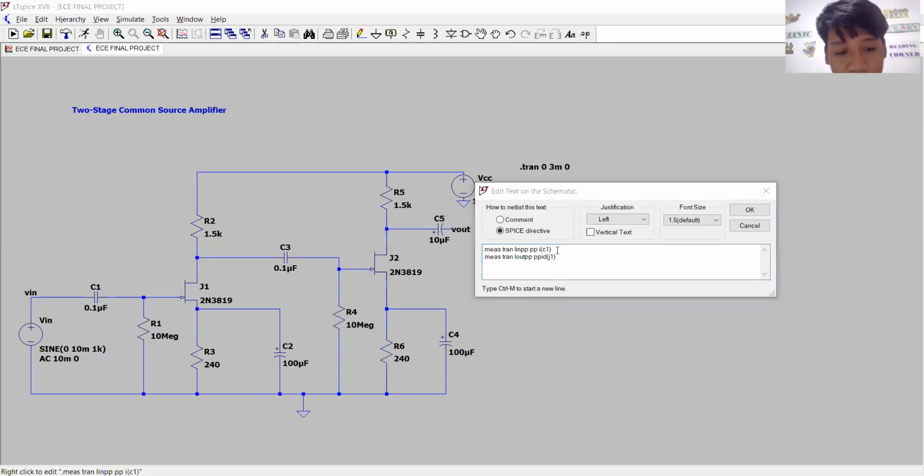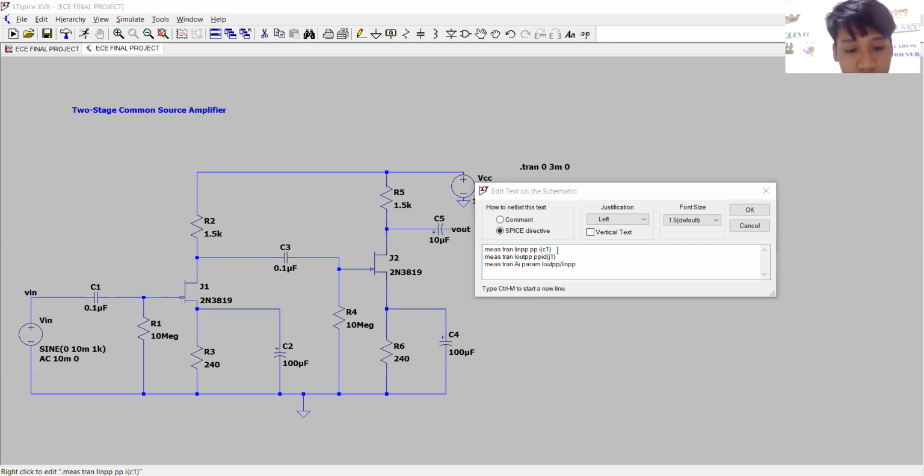And including the AI, that measure run AI around Iout. This is the average current for the circuit. IoutPP slash IinPP.